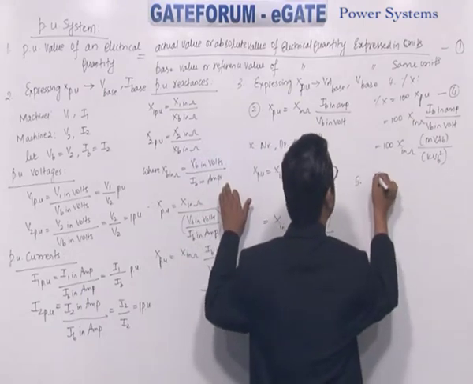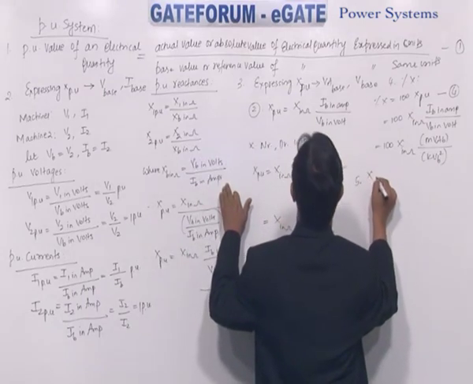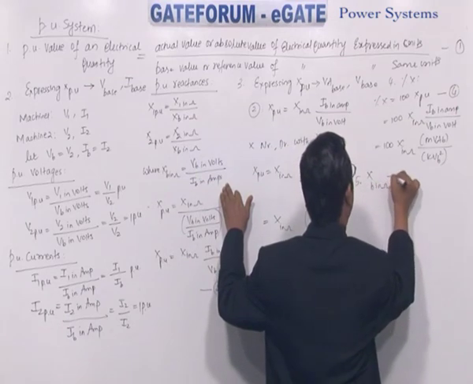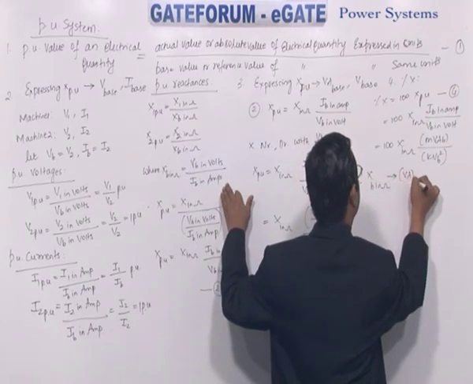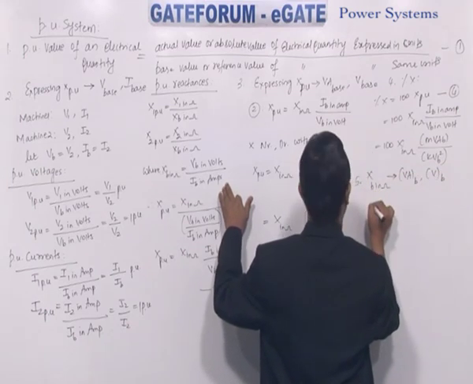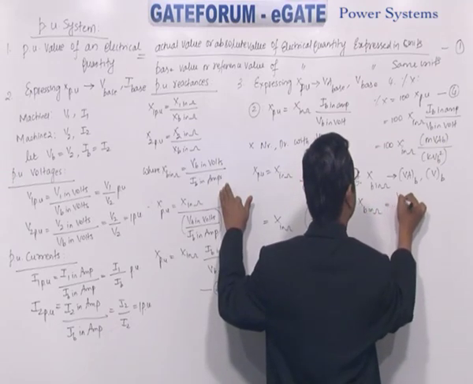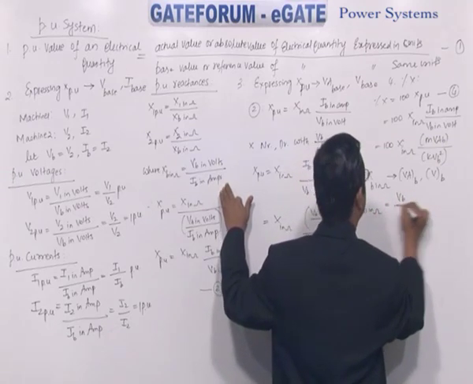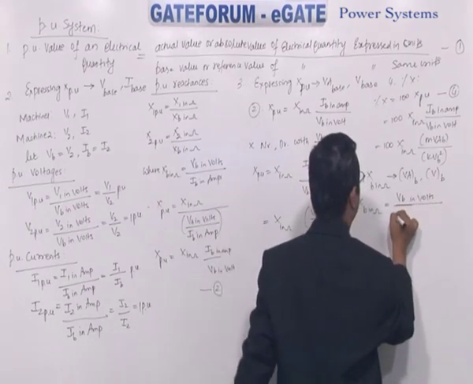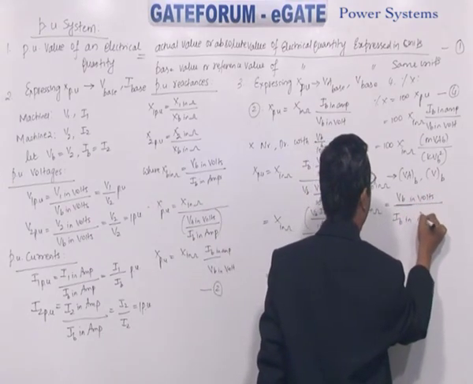What is the base reactance in ohms? You want to express it in base volt ampere and base voltage. You consider this voltage equation. Base reactance is the base voltage measured in volts divided by the base current in amperes.